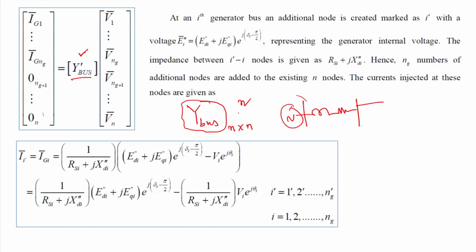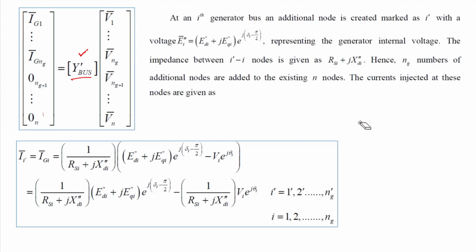Okay, so now at the i-th generator bus, it mentions that an additional node is created that is marked as i dash with a voltage. Let us say the voltage at that additional node is Ei double dash. These are sub-transient voltages, so I can represent them with a double dash.